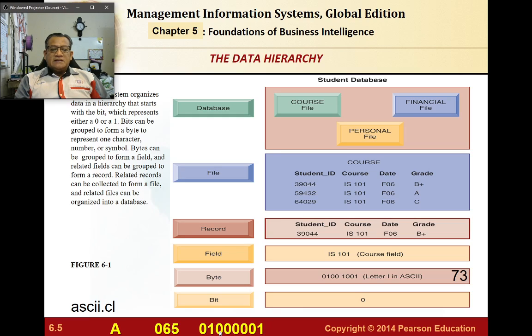It is representing A in human language, but in decimal system it is represented by 065. So basically, computers keep a single character with these 8 bits of zeros and ones. So this is how the computer keeps the data for the database.